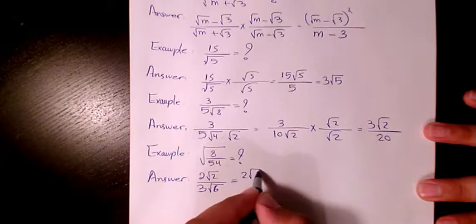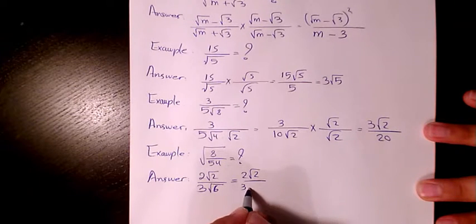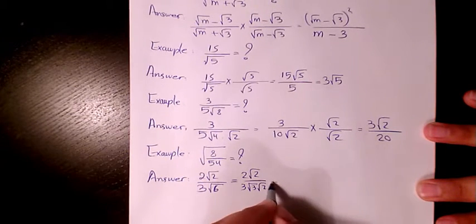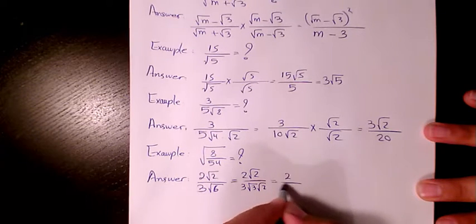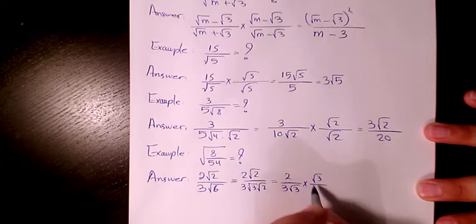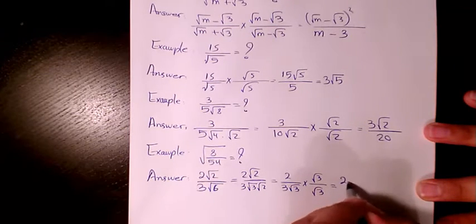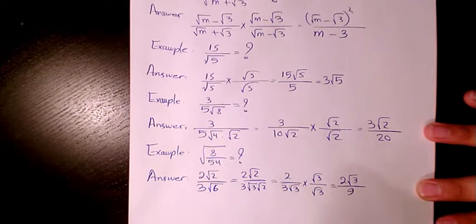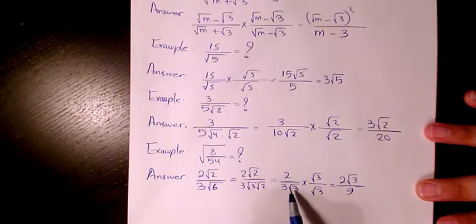And then you can say 2 root 2. Square root of 6 is square root of 3 times square root of 2. These two cancel out. It will be 2 over 3 root 3. And then you can multiply it by root 3 and root 3. It's going to be 2 root 3 divided by 9. Because root 3 times root 3 is 3. 3 times 3 is going to be 9.